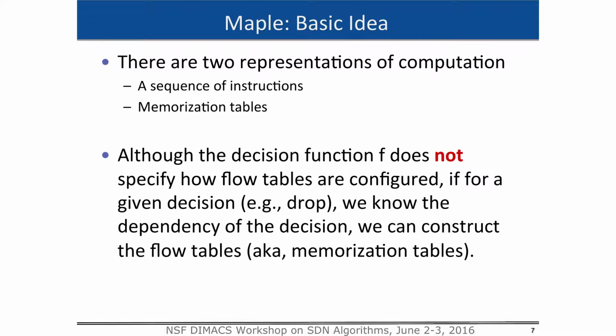The basic idea is that even though the algorithm policy f does not specify how flow tables are configured, if we are given a decision, we can know the dependency of this decision by tracking the execution process of this packet, and then we can transfer this decision dependency into the corresponding flow tables.